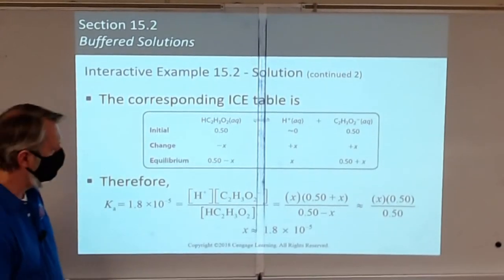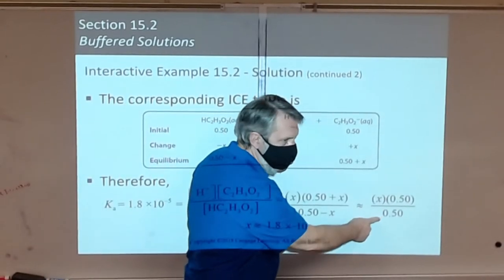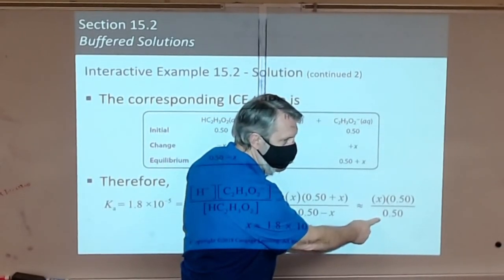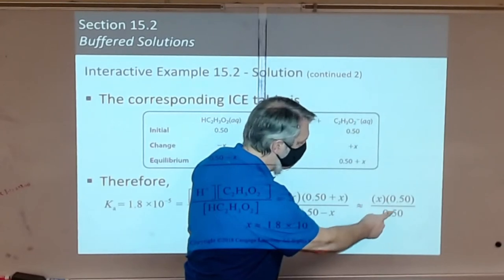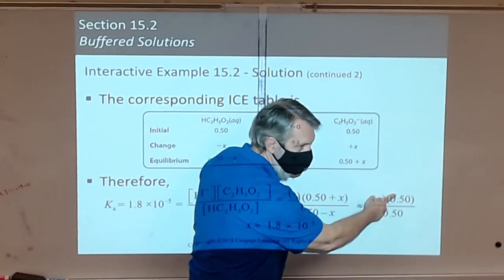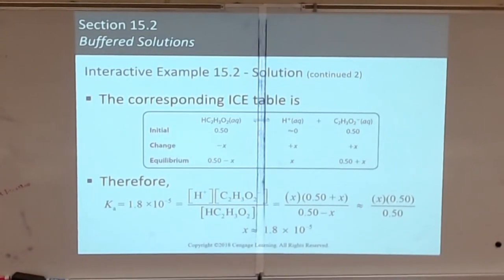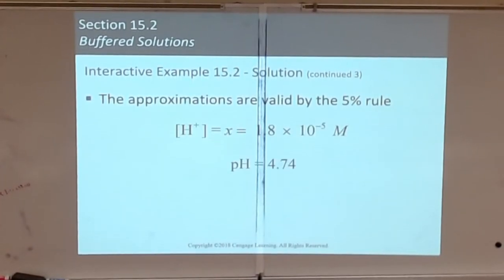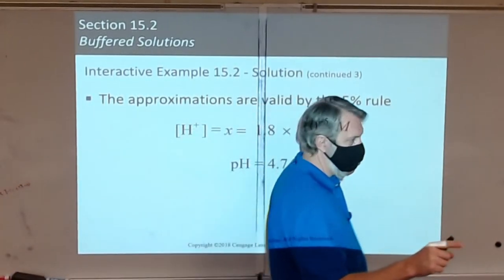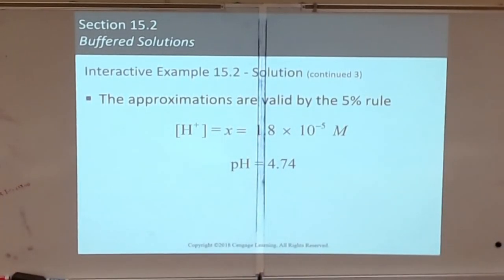Again, where does this 0.5 come from? Acetic acid, and this 0.5 comes from the acetate, from sodium acetate. Very good. So pH is 4.74. Y'all good with that? Hold on to that number. Make sure you've got it somewhere.